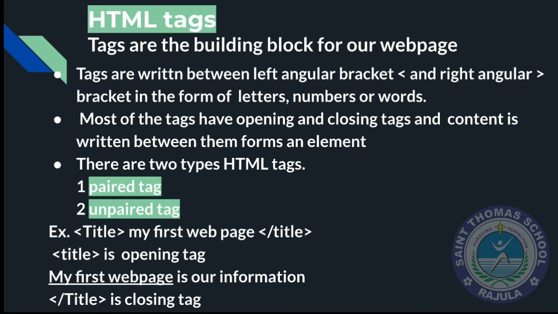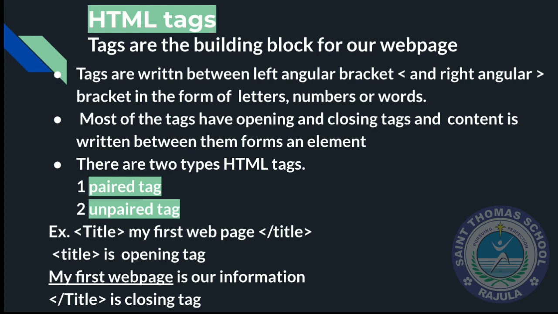Most of the tags have opening and closing tags, and the content written between them forms an element. Means most of the tags are paired tags. Based on that, there are two categories. First is the paired tag and second is the unpaired tag. Then here the example is available.